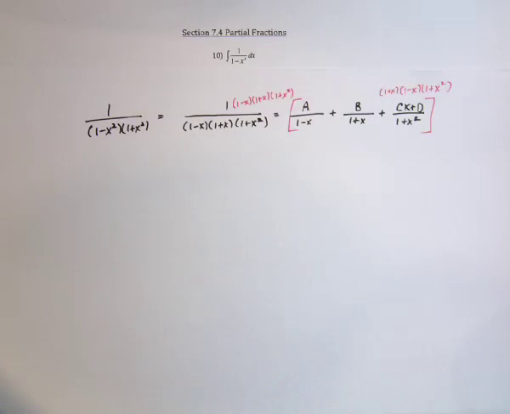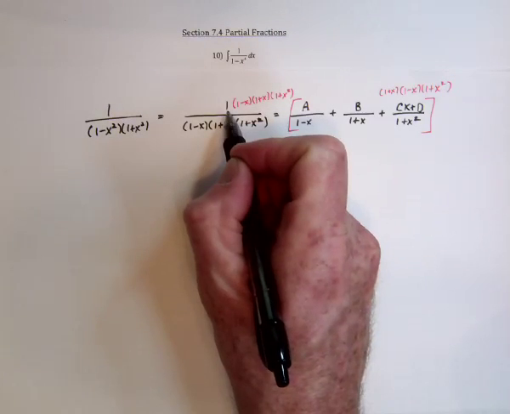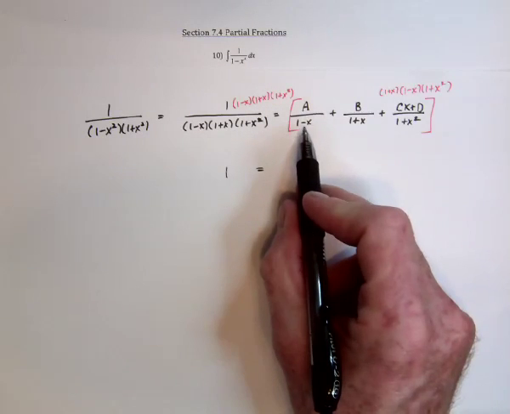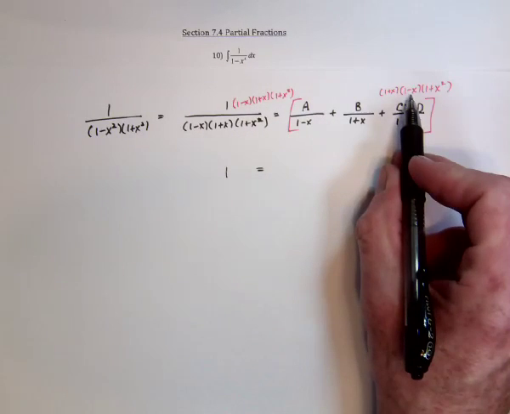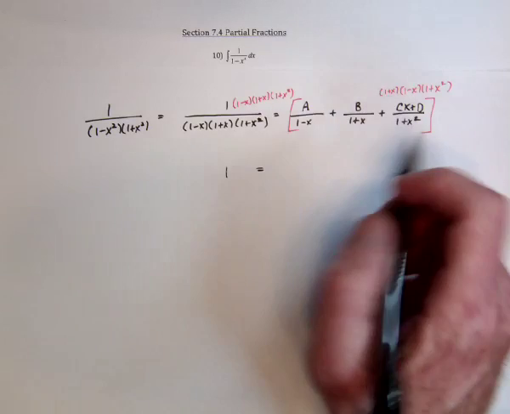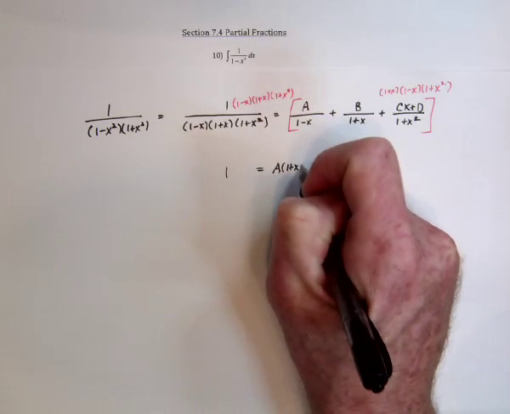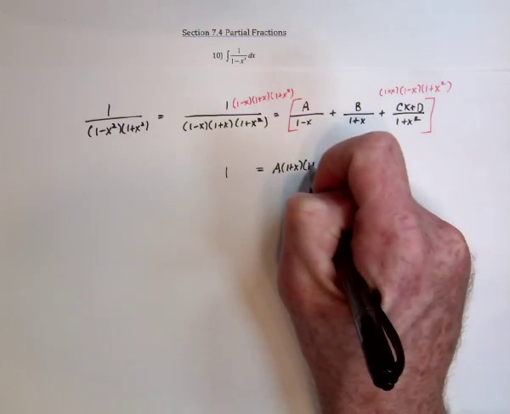On the left hand side, everything gets cancelled except for this 1. On the other side, the 1 minus x would get cancelled, but we would still have a times 1 plus x and 1 plus x squared.